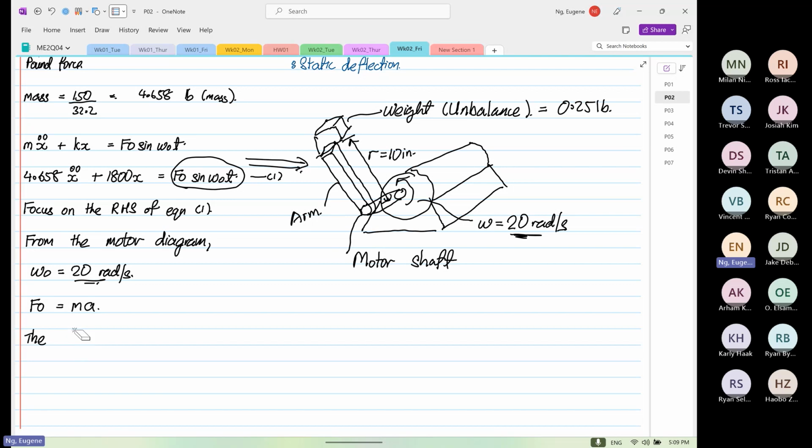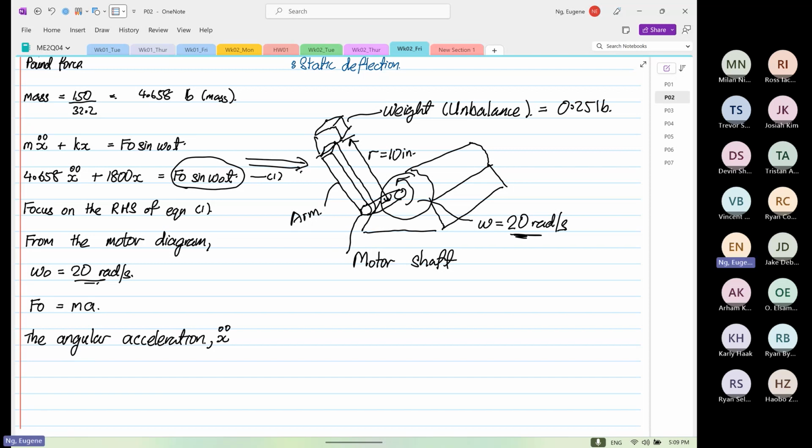The angular acceleration formula. Why is it angular acceleration? Because our system, the unbalanced weight, is rotating.